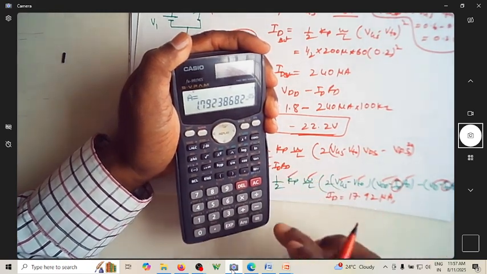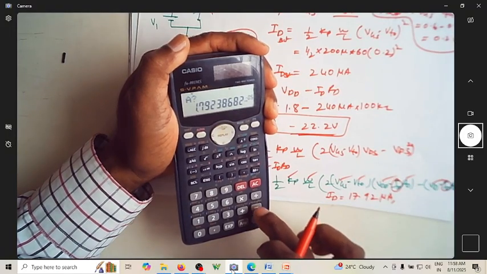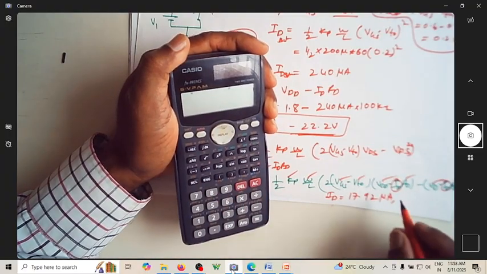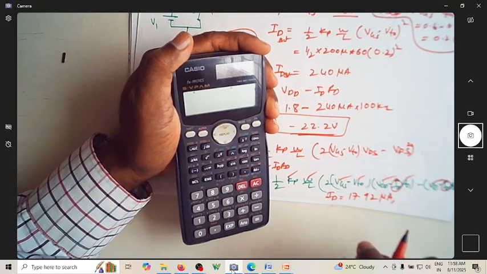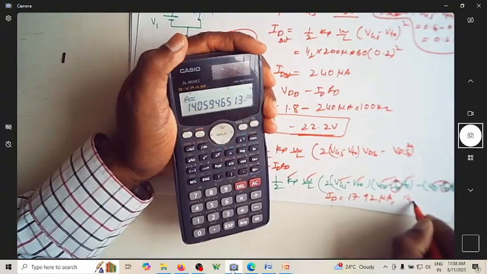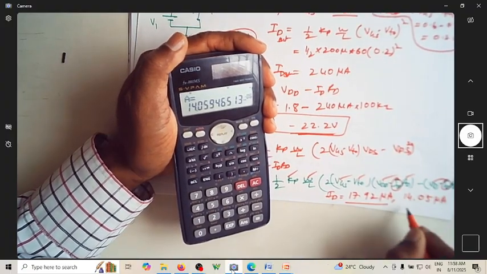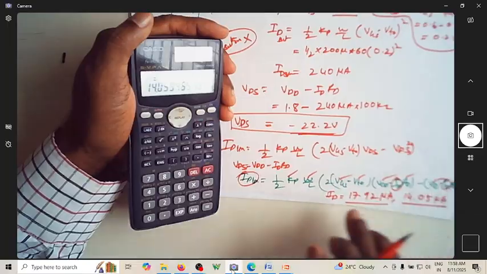So I'm finding both the values. Okay, the other value happens to be 14.05 microampere. So I have two values of ID because you have a square there.